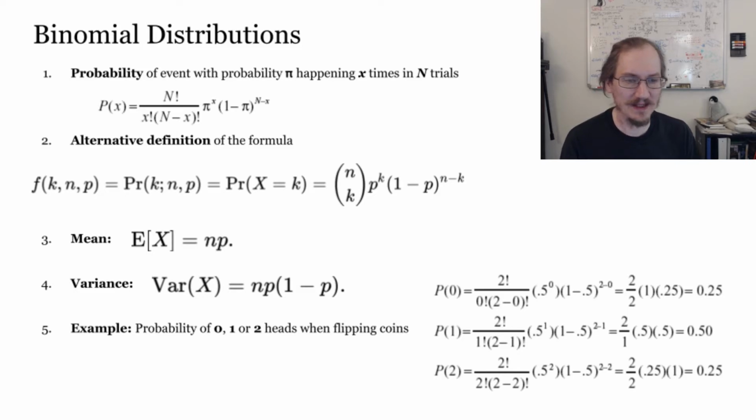Each one of these gives you the probability. So the probability of getting 0 heads is the same as the probability of getting 2 heads when flipping 2 coins. You can also use this equation for a cumulative sum, when calculating the probability of one event plus another. They talk about that a little more in the book.